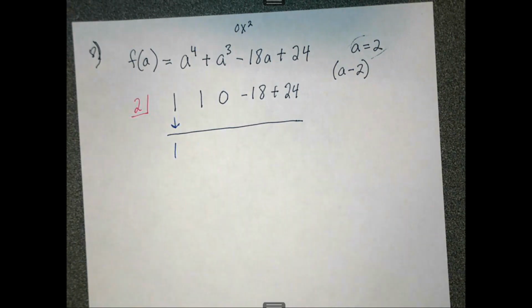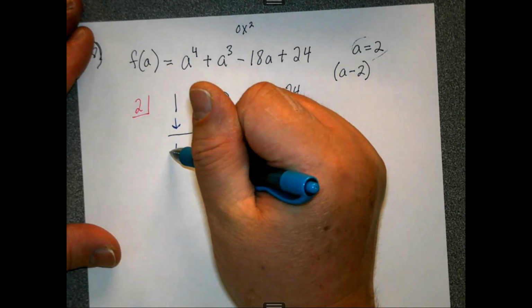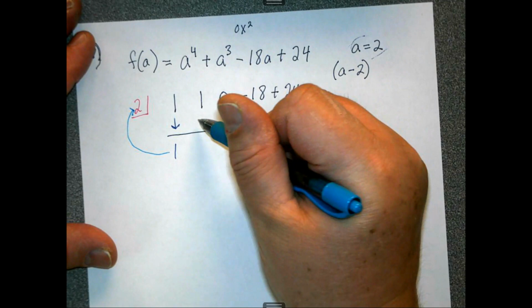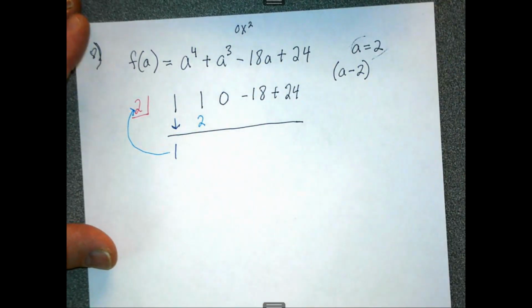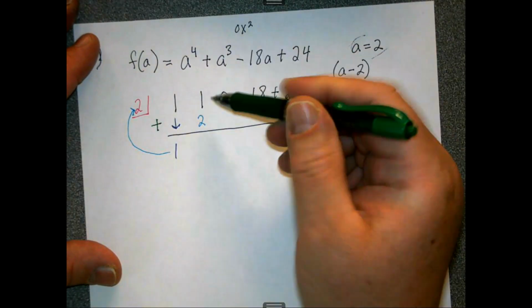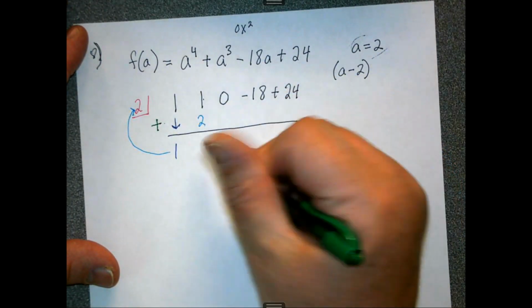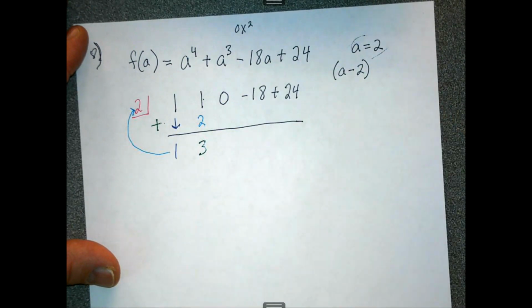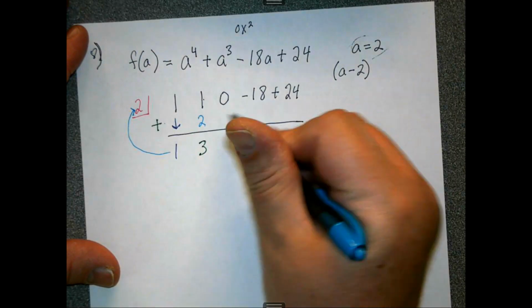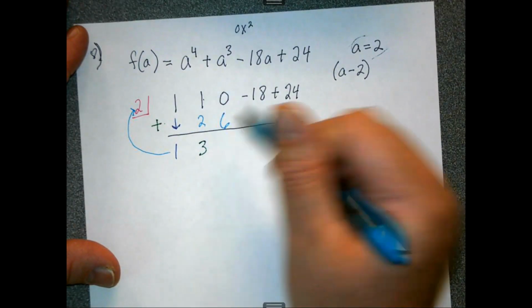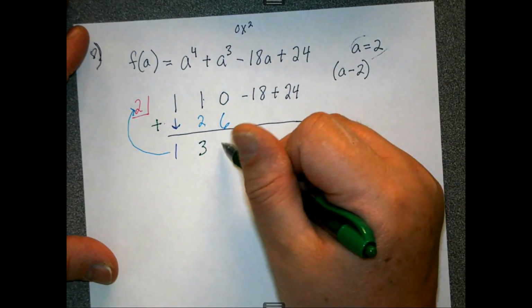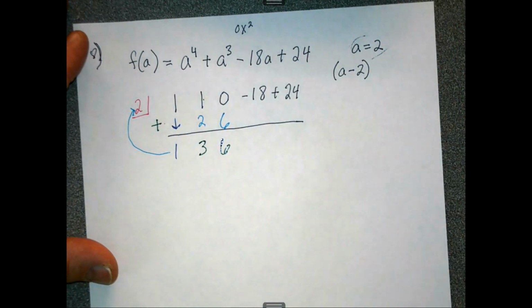Okay. 1 times 2, 2. We're going to add these together, right? 1 plus 2 is 3. 3 times 2, 6. 0 plus 6. 6 times 2.